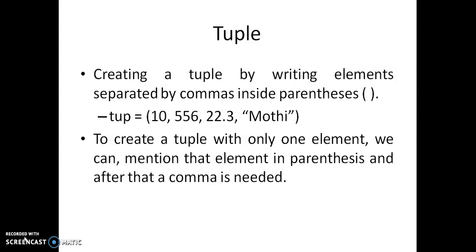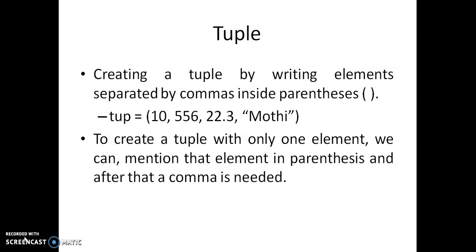For creating a tuple, we use round braces. So creation is like this: the tuple name equals, within the round braces, our required values with comma separation. For example, tup is the tuple name, equals, within the round braces, we are giving the values 10, 556, 22.3, Mothi. These are the four values in the tuple.